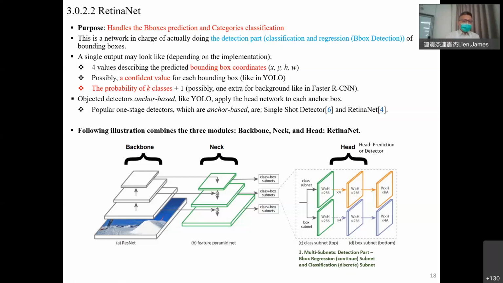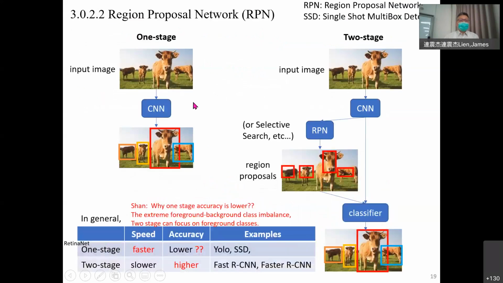People improve based on RetinaNet, and it also has a backbone. They do the neck, they do the head. It gradually took shape, so you will find that later deep learning networks have a backbone, a neck, and a head. The neck is the upsampling part. And finally the head is what you use to perceive the result. Here there is classification and bounding box. Okay, so RetinaNet is very important.